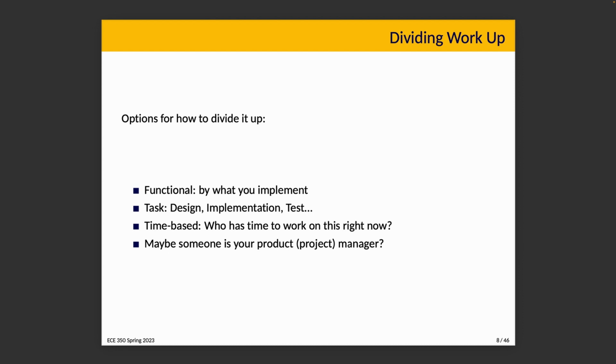And option 1 is functional, so it's based on what you implement. So one person is responsible for adding functionality A, another person is responsible for adding functionality B, a third person is responsible for adding some other functionality, and that can work, and that is how my group did our 4th year design project.